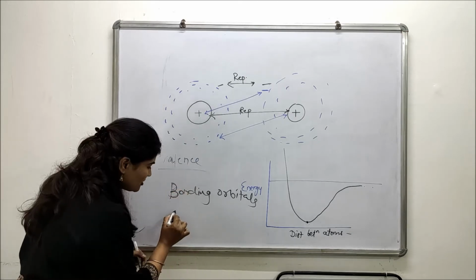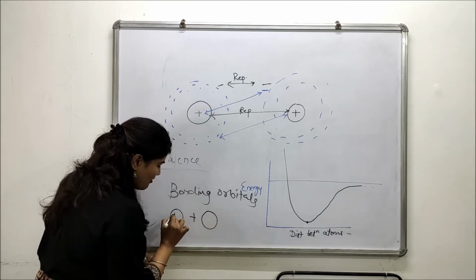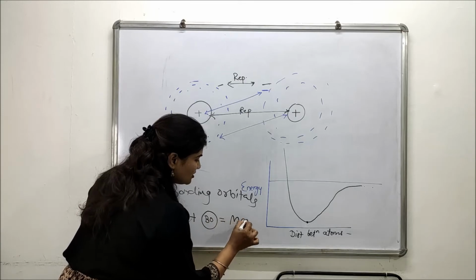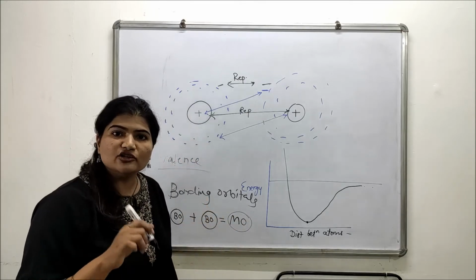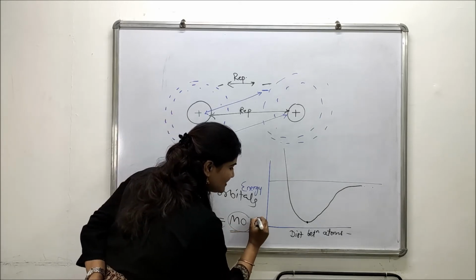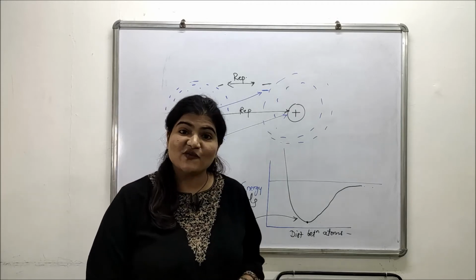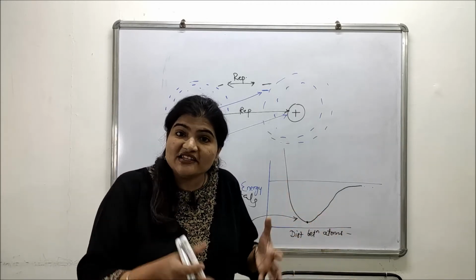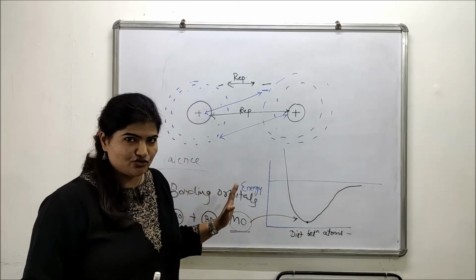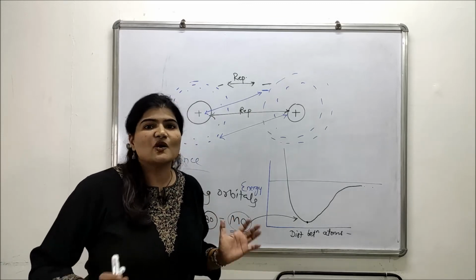Now the bonding orbital of one atom combines with the bonding orbital of another atom and they form a molecular orbital. This is how molecular orbitals are formed, and a molecular orbital is nothing but a chemical bond formed. So whenever a chemical bond is formed, bonding orbitals are combining together to form molecular orbitals. Now if you have understood this point, then let's jump into the types of chemical bonds.